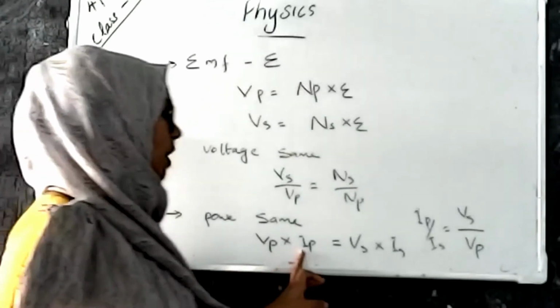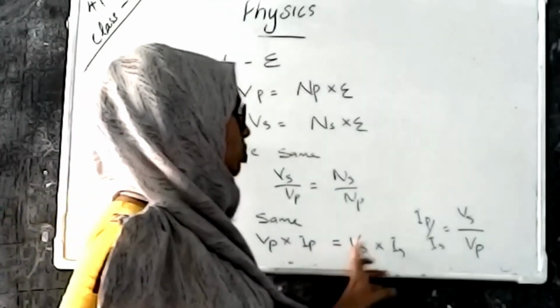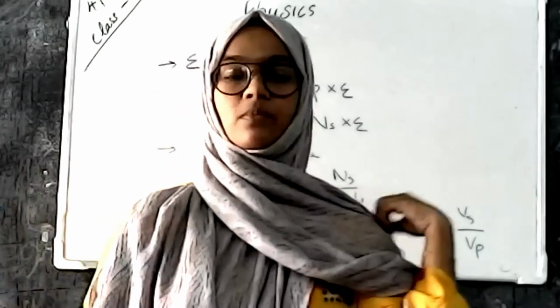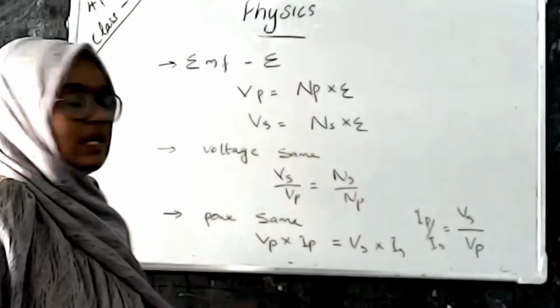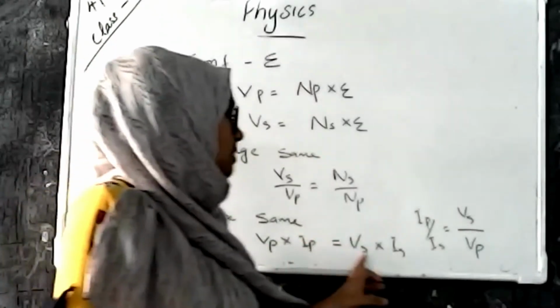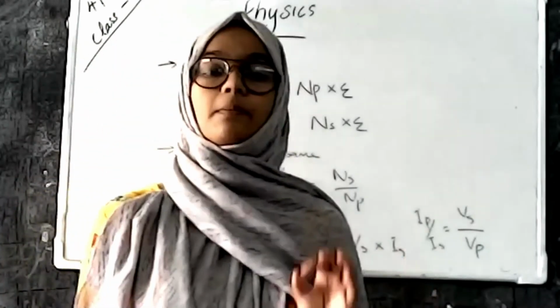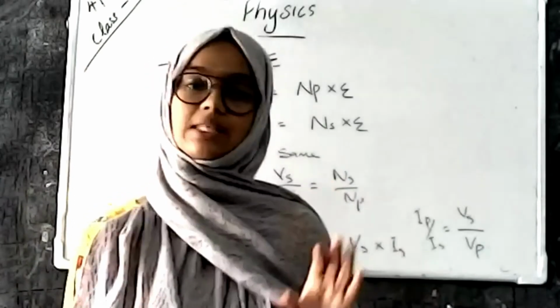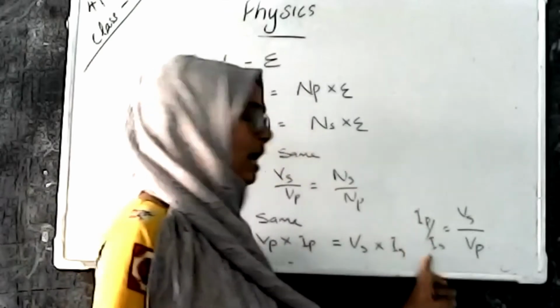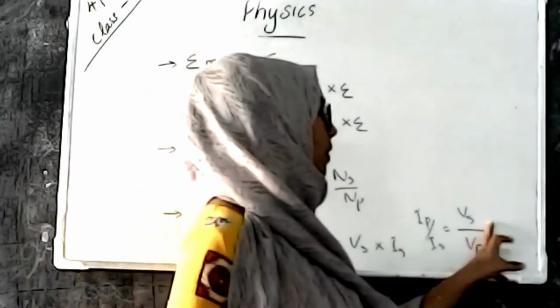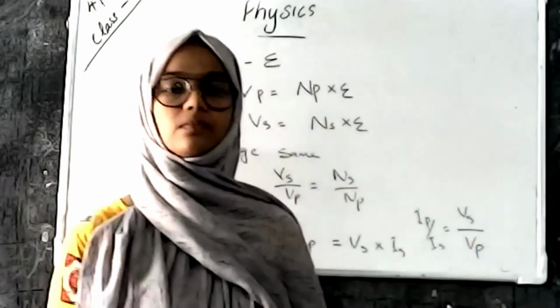Vp into Ip is equal to Vs into Is. So here Vp and Vs are the voltage of primary and secondary, and Ip and Is are the current of primary and secondary. And from here we can write that Ip by Is is equal to Vs by Vp.